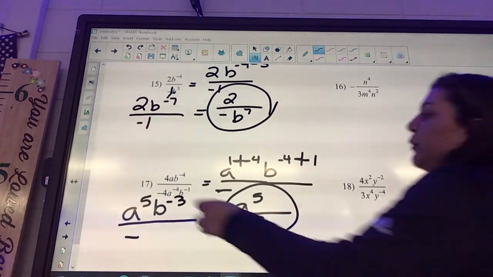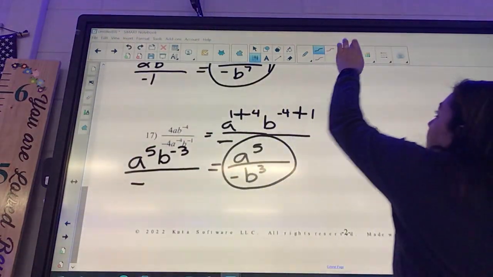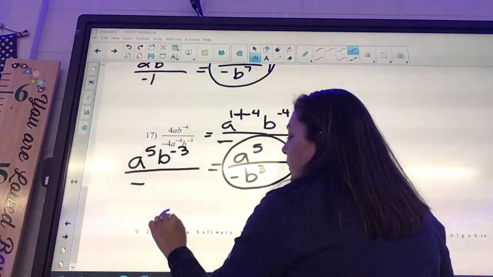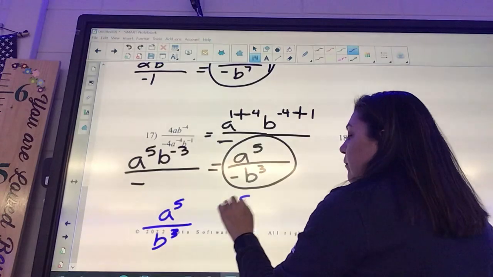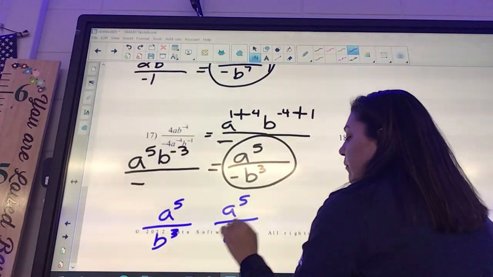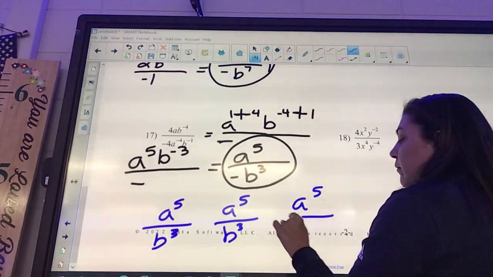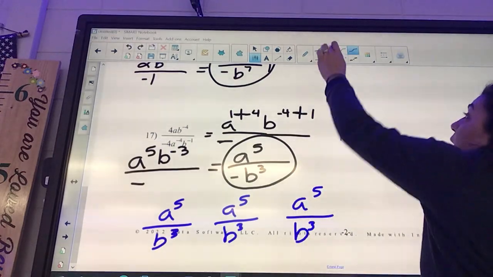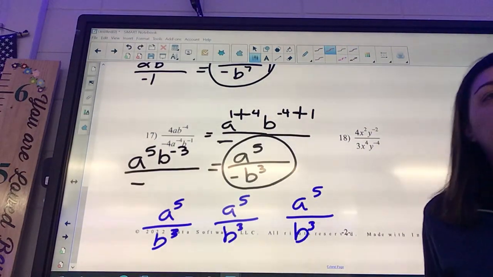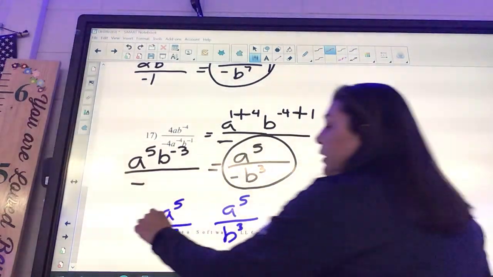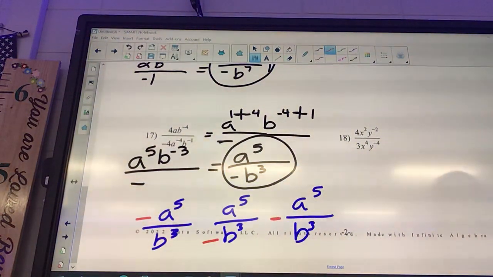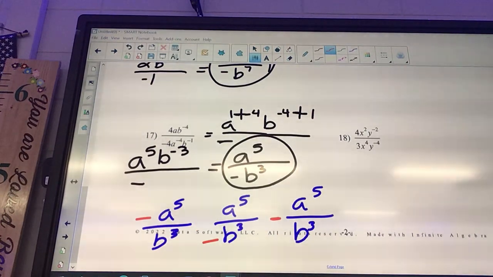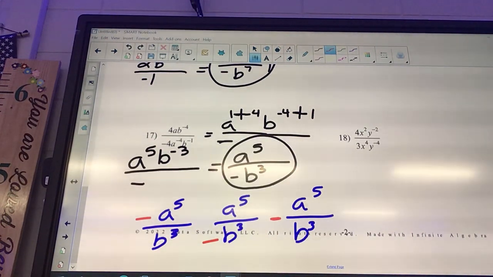Okay, lastly, I'm going to write this over here, and I just want you to look at it. You don't need to write it down. It does not matter where we put the negative, okay? You can put the negative here, here, or like out here in the front. They all mean the same thing, okay? The way that we would say it is negative a to the 5th over b, okay?